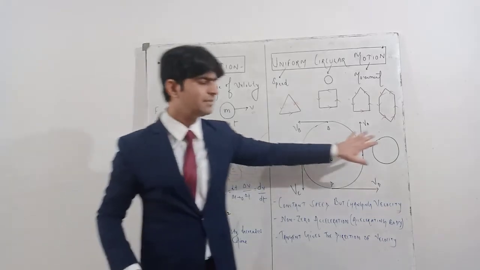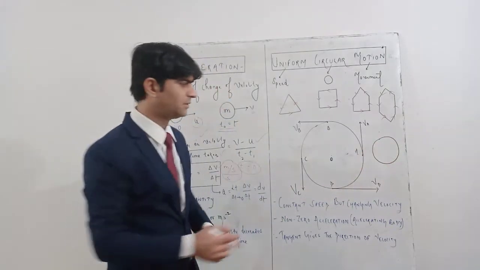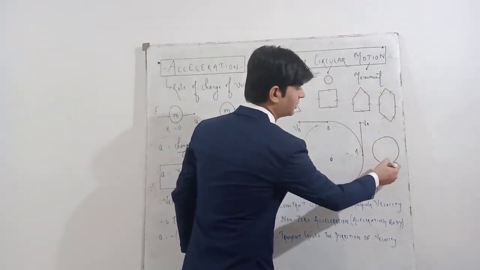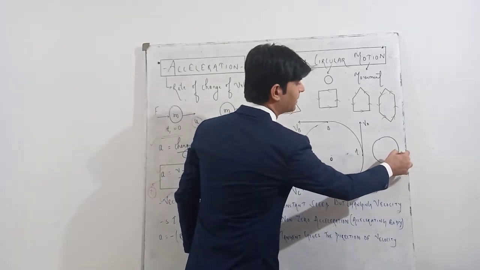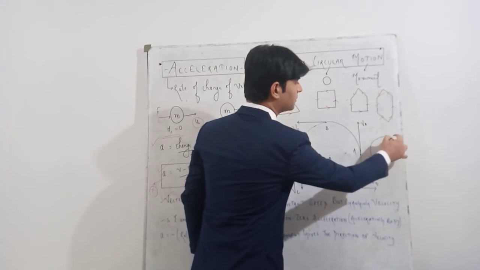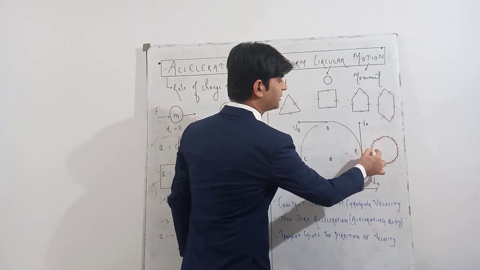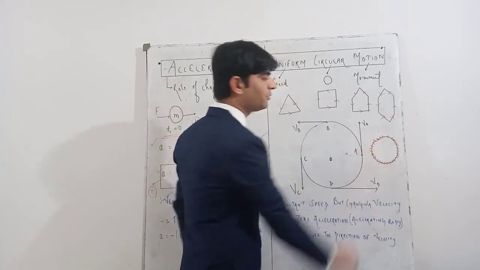So I may define a circle as a polygon with an infinite number of sides, because at every point the direction will change. If you see this circle, if I mark all the directions, at every point the direction is changing.